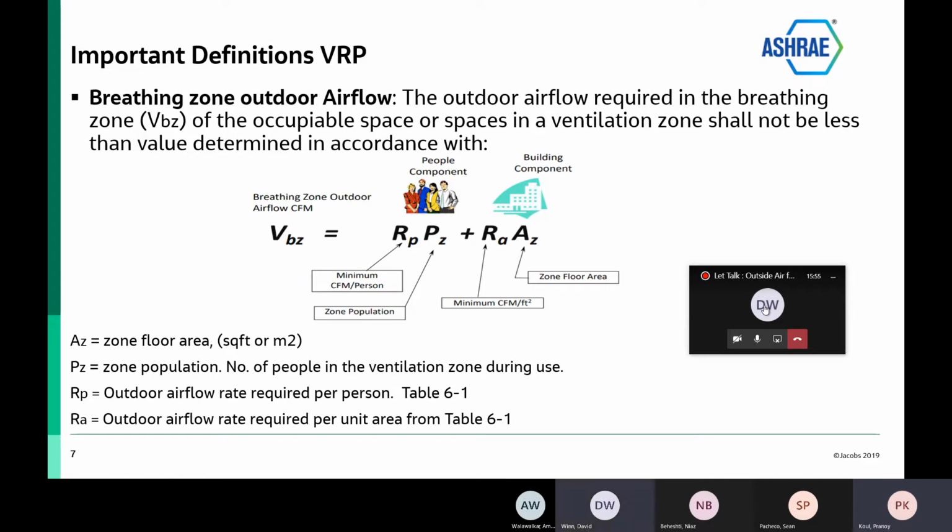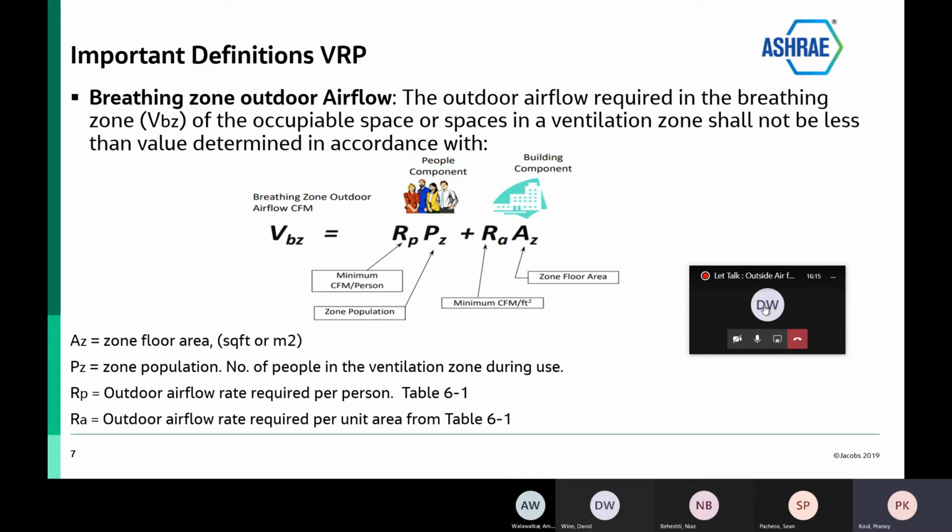Breaking down this formula, when we talk about the zone population, you would need to provide the population, and I'm going to tell you why it's needed in the next slide.